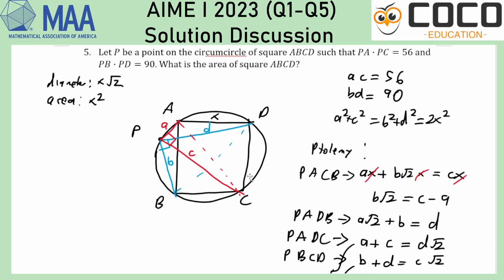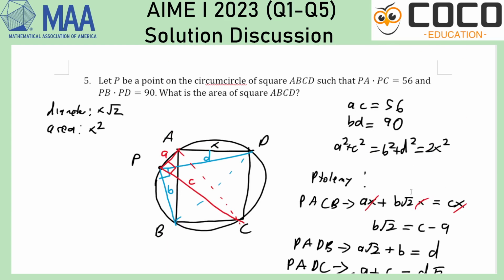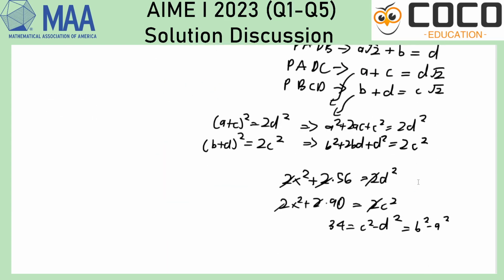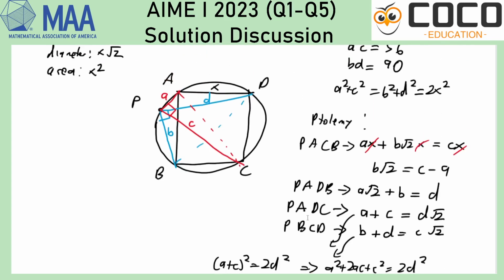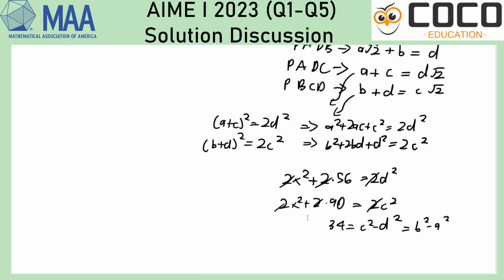I'm not trying to do this in the most efficient way here. I am just now saying that, okay, I've got this equation here. Am I able to combine it, the one on top, in some fashion? So C squared is D squared plus 34. It's not enough equations.